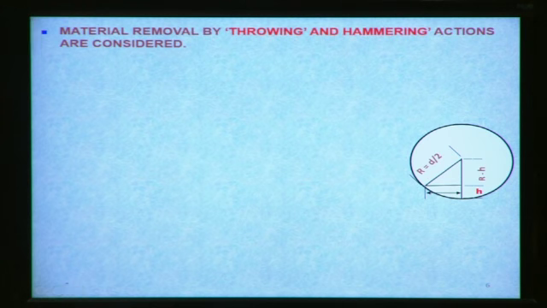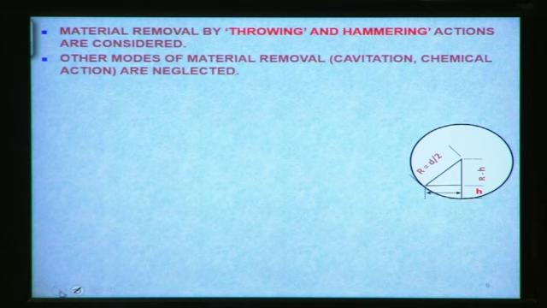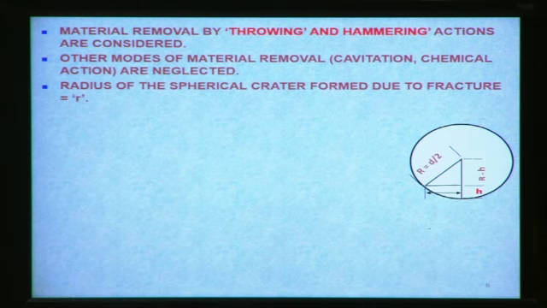For matter removal by throwing, there are two types of models: the throwing model and the hammering model. Other mechanisms of matter removal like cavitation and chemical action are neglected.